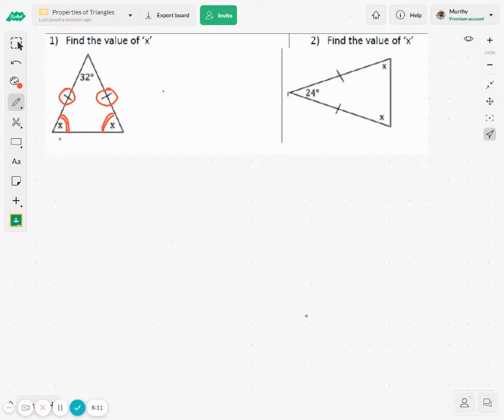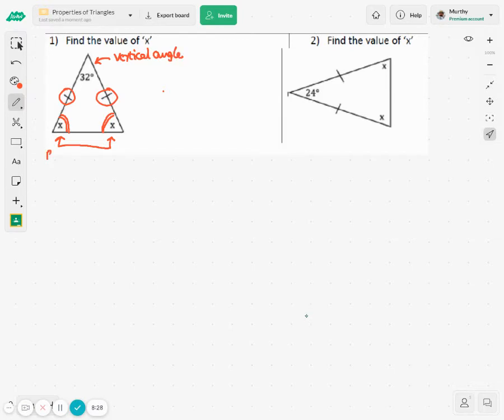Don't forget, we call these two angles base angles, and the third angle is known as the vertical angle or the angle of vertex.